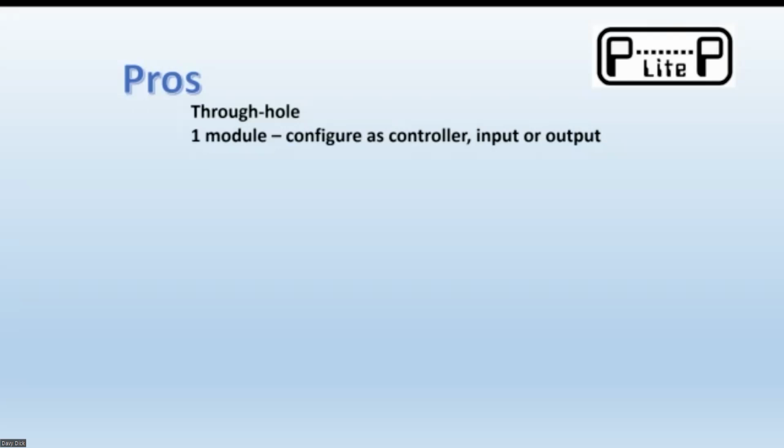That's handy, because once you've learned how to build one module, the rest follows suit. Easy to set up, because assuming you've built the modules correctly, you wire them together and it should work from the get-go.